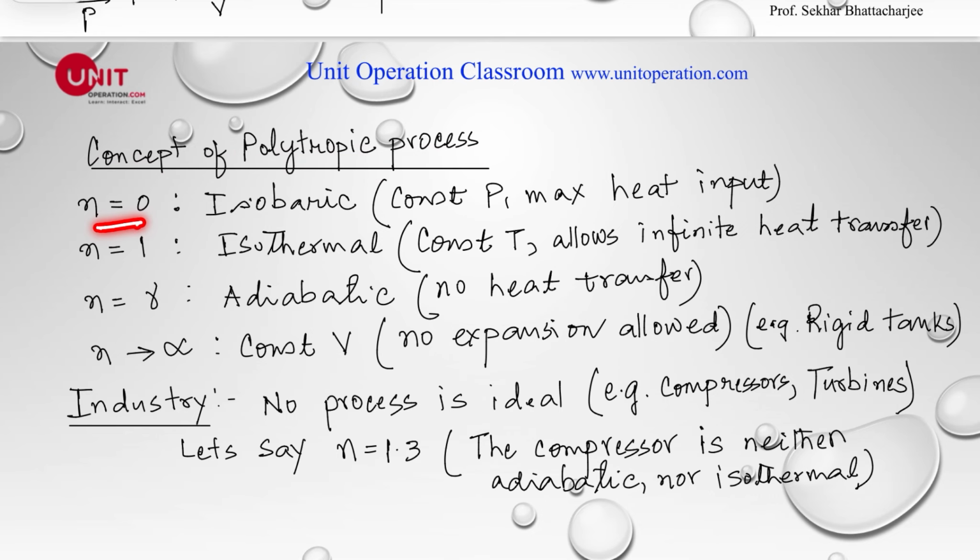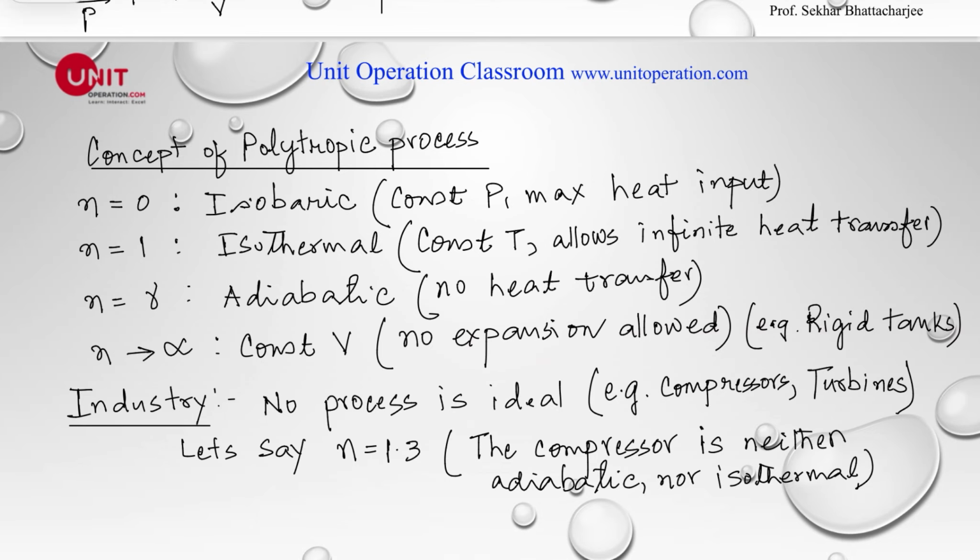If n is equal to 0, that's an isobaric process, constant pressure. That means there's a maximum heat input. If n is equal to 1, that's an isothermal process, constant temperature, which allows infinite heat transfer, whether it's cooling or heating. If n is equal to gamma, that is an adiabatic process, which means no heat transfer at all.